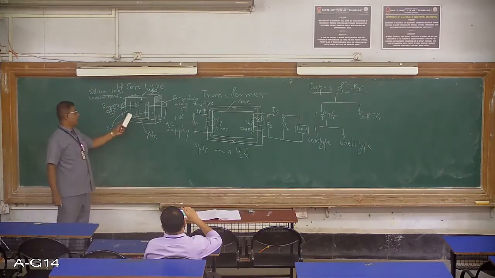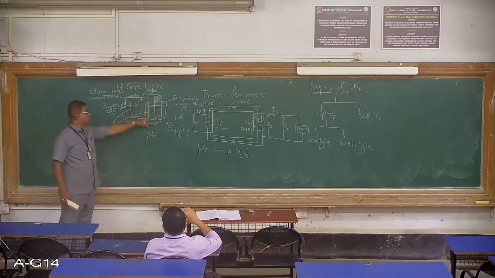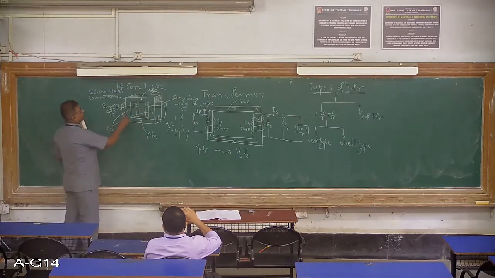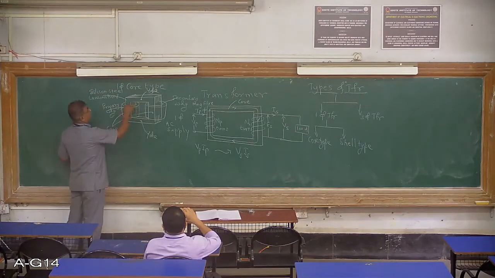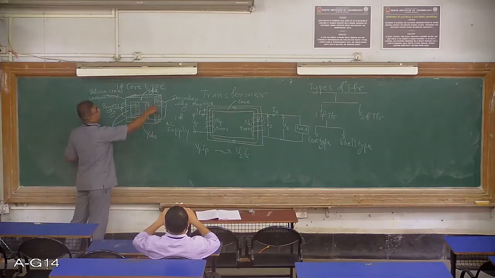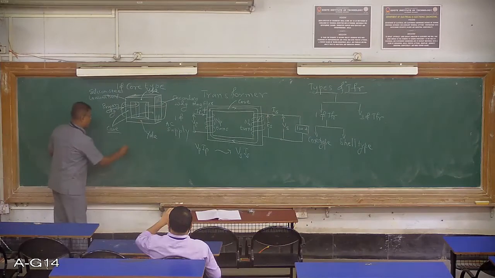So we find a typical core type transformer of this nature, but in practice half of the primary is placed on one limb or one core, and the remaining half of the primary is placed on another limb, as we can see here.